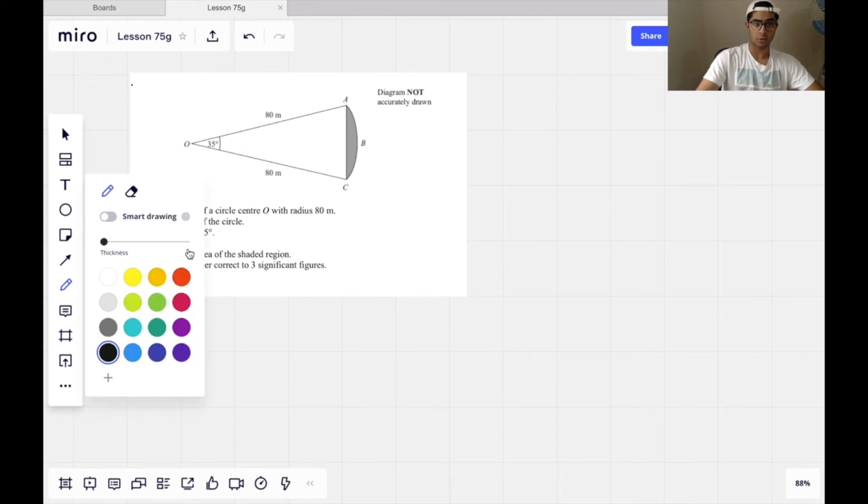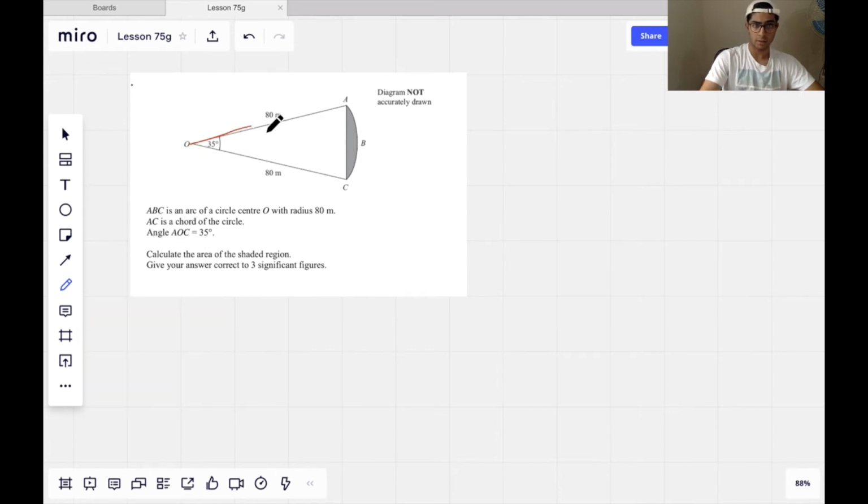So if we have in red OABC, and in, say, orange, we take away the triangle to get the area.